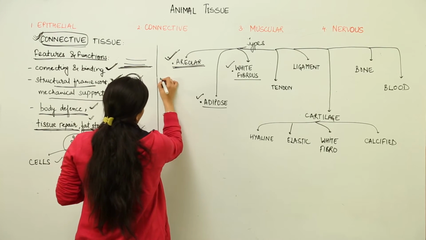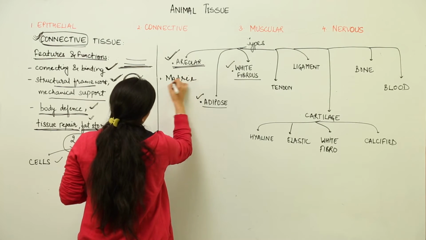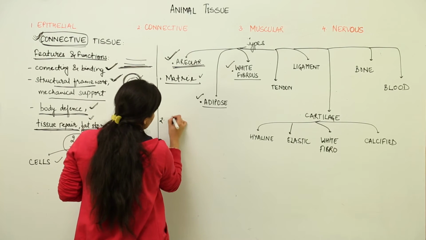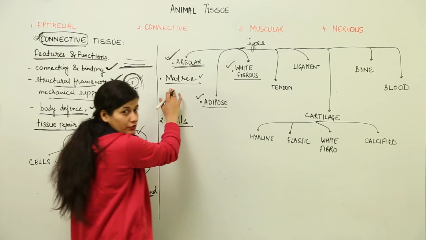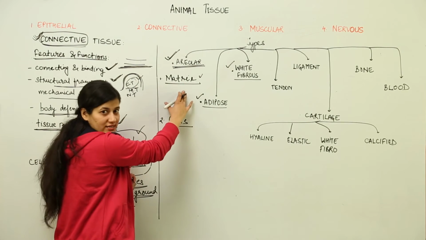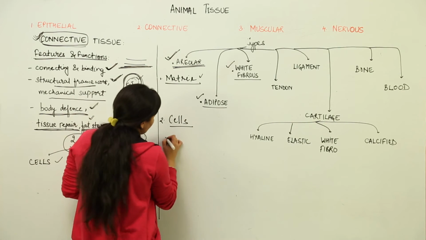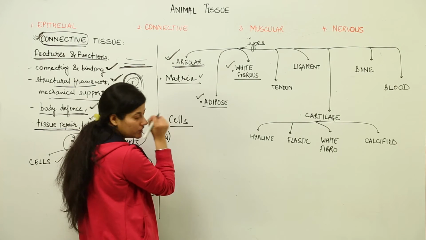When we talk about its matrix, it would have a somewhat fibrous matrix inside it. Then we will have cells. Now inside this matrix you would find yellow elastin fibers and white collagen fibers. I am coming to that, but before that we need to know what types of cells would be present in the areolar tissue.